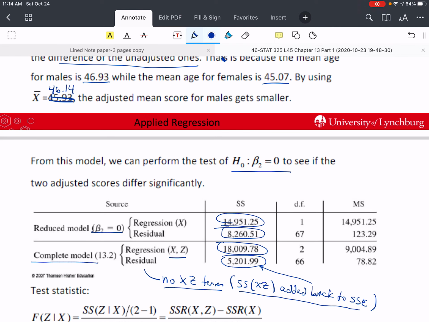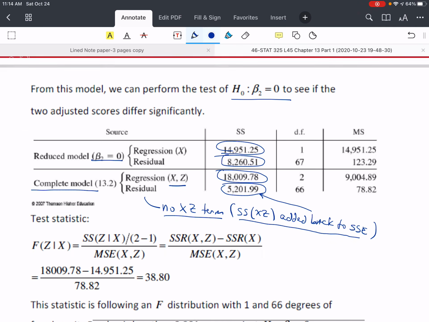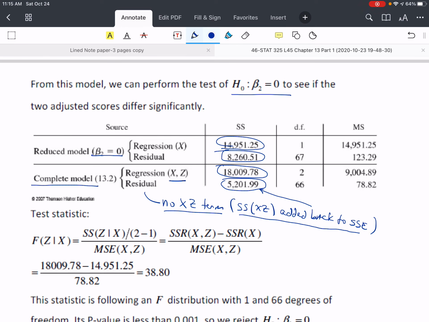And we've seen this data before back in chapter 12 when we were looking at this example as well. So our F statistic for testing H naught beta 2 equals 0 versus HA beta 2 not equal to 0 in the model y equals beta naught plus beta 1x plus beta 2z plus epsilon.